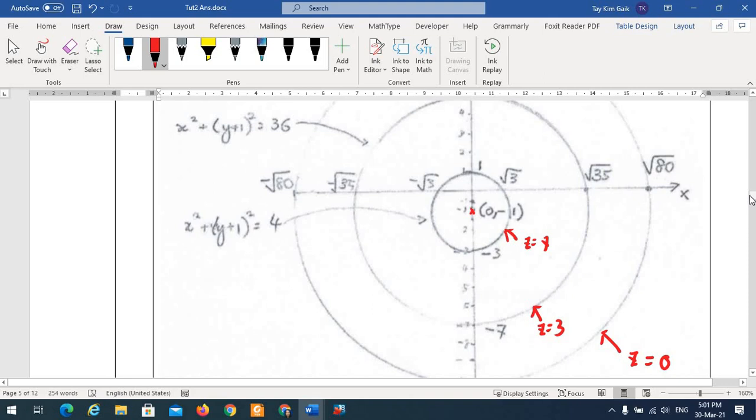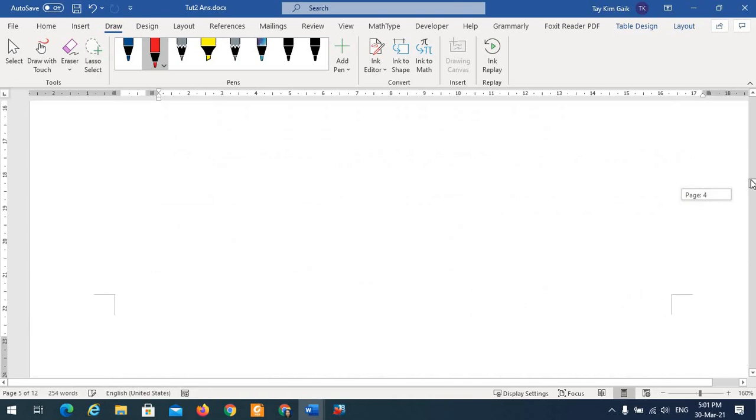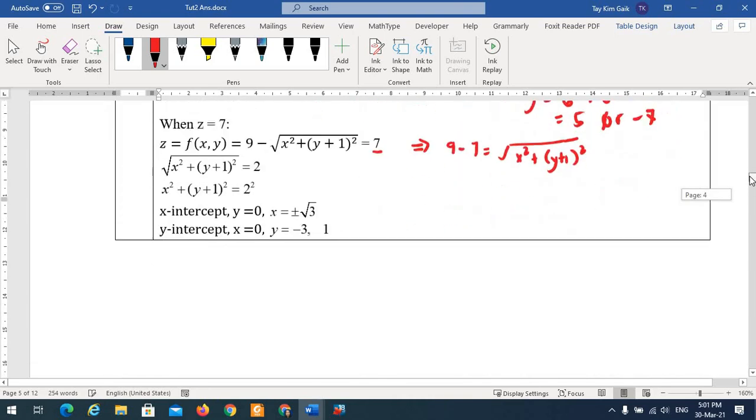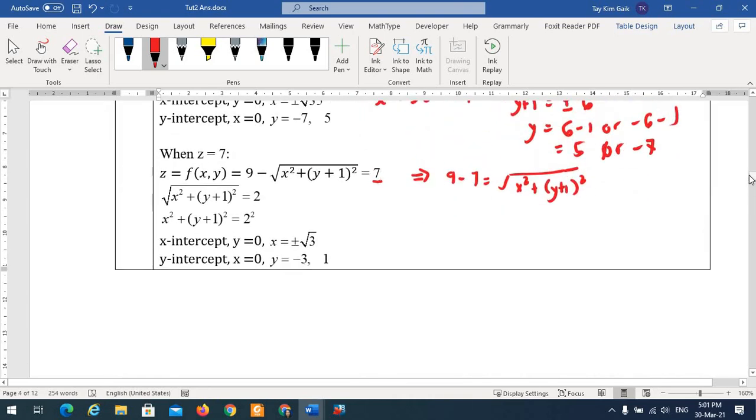And what is our x-intercept value here? You let y equal to 0. When y is 0, you have x squared plus 1 equal 4. That's why x squared equal to 3. That's why x is plus or minus square root of 3.